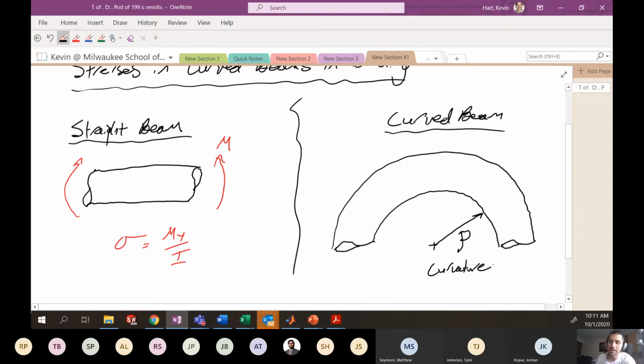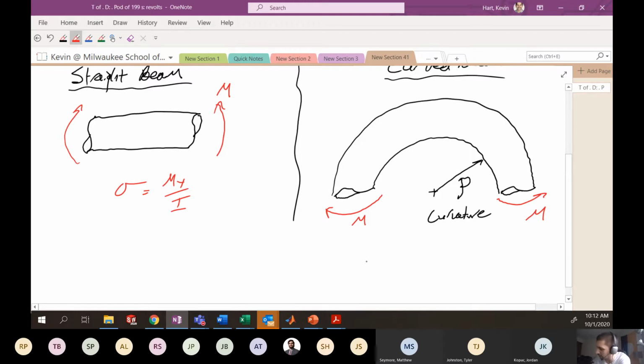And so in this particular member, if we were to subject this to a bending moment, let's say M and equivalently M, we would not have your theoretical stress equation to give us stress in this member.